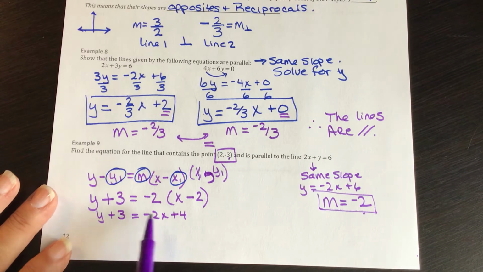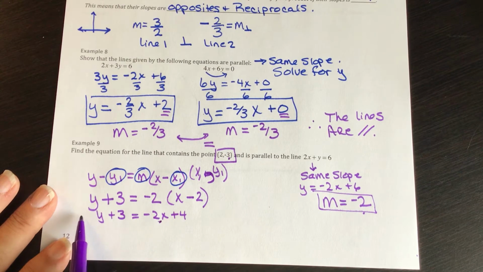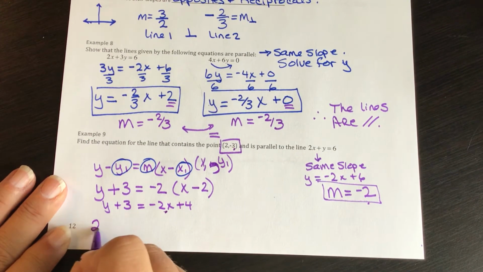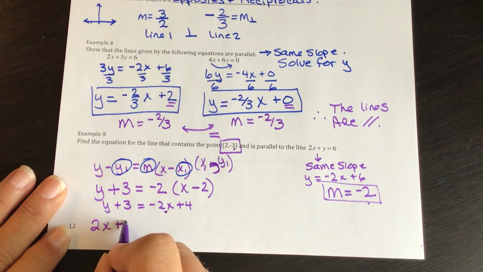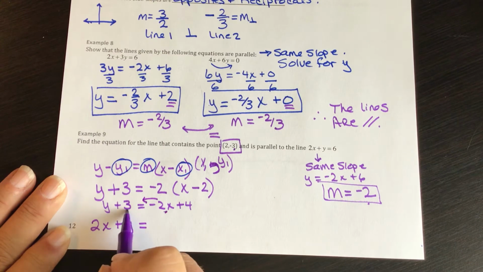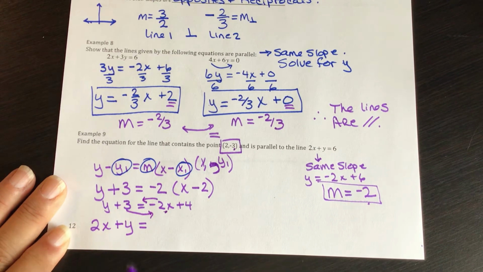I want to get x and y on the same side. Notice x is negative here, so if I add it to this side, x would become positive. So I have positive 2x plus y equals, so I move that over, and I'm going to move this to the other side, and I'm going to subtract 3, and that would give me 1.